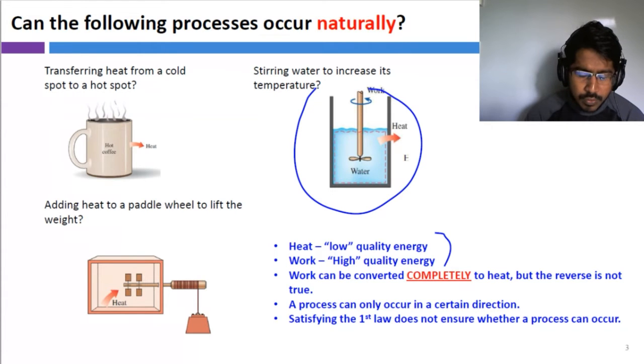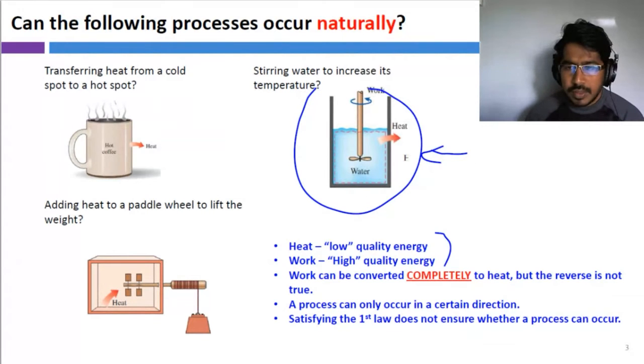You remember when we were stirring the cup that you see here, we were able to convert the work into heat, but we were not able to convert the heat into work that easily, right? So are we getting the idea of this quality of energy?